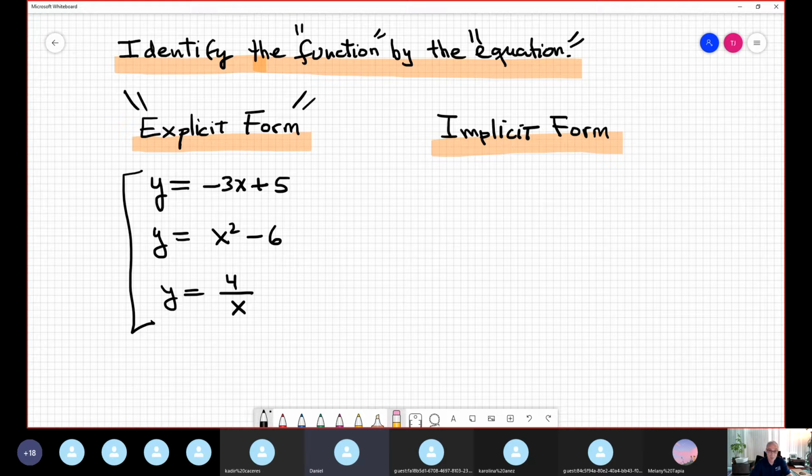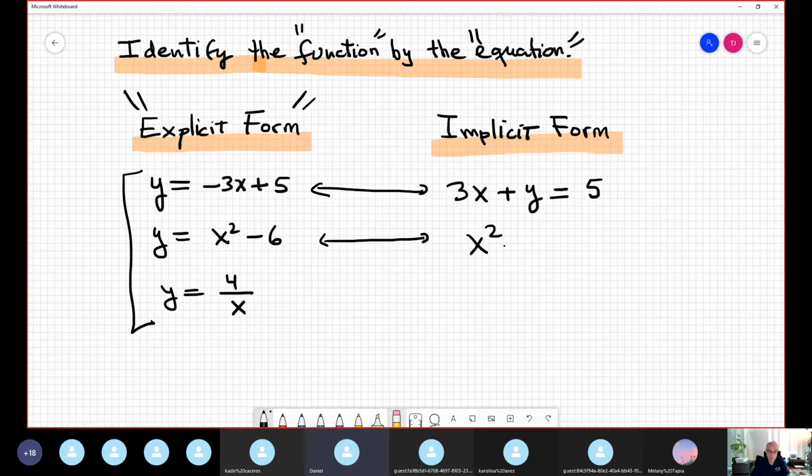For example, this equation is 3x plus y equals 5. By the way, it's equivalent to this, but in this case nobody is isolated. 5 is isolated, but 5 is not a variable. Another example: suppose that we have x squared minus y equals 6. It's equivalent, the same thing, identical.